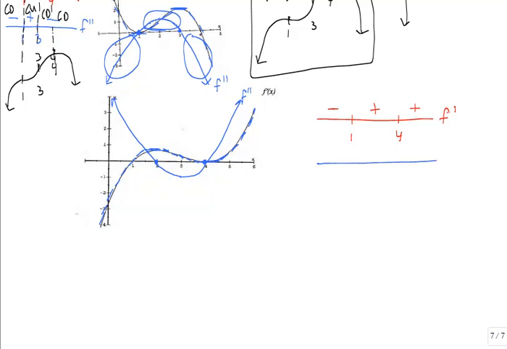So my number line for f double prime, I have a 0 at 2 and a 0 at 4. To the left of 2, all of these f double primes are plus. Between 2 and 4, all of these f double primes are minus. And after 4, all of these are plus. So we're ready to get our pieces together.